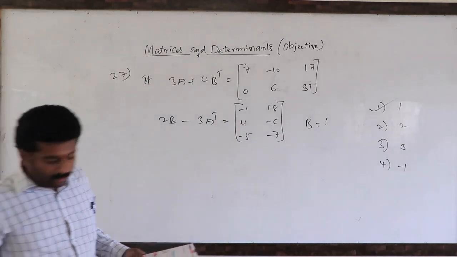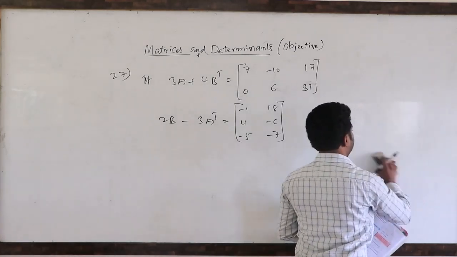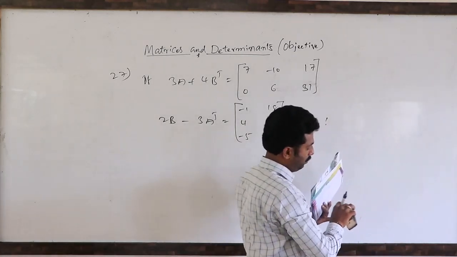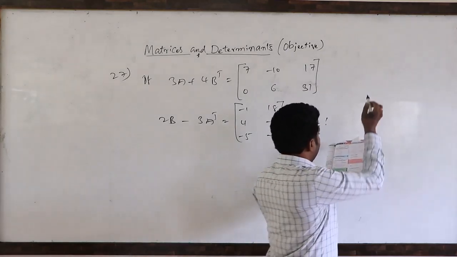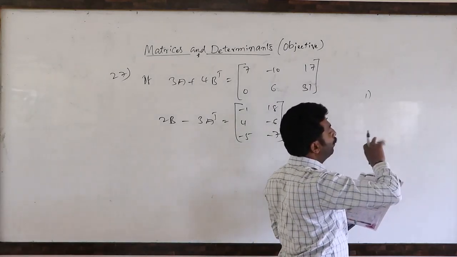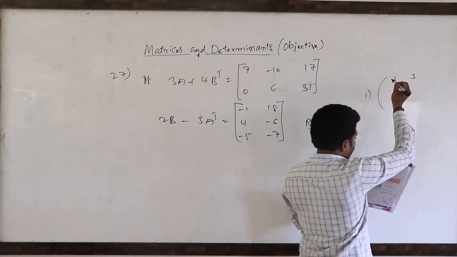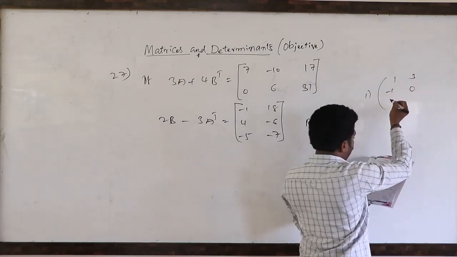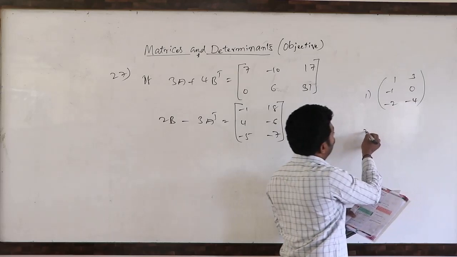So options are also there. See here, if you want options: first option 1, 3, minus 1, 0, minus 2, minus 4.